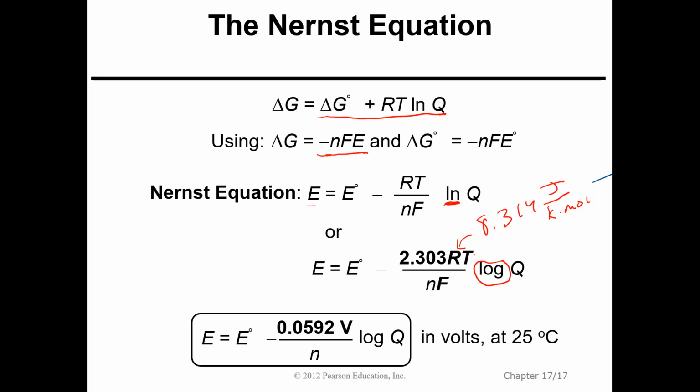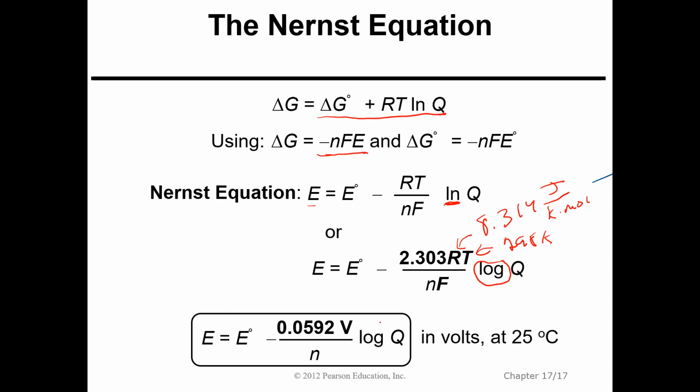And if this happens to be at 25 degrees Celsius or 298 Kelvin, we can multiply 2.303 times 8.314 times 298 and use conversion factors to convert this into volts. And we come up with the cell potential is equal to the standard cell potential minus 0.0592 volts over N times the log of Q.